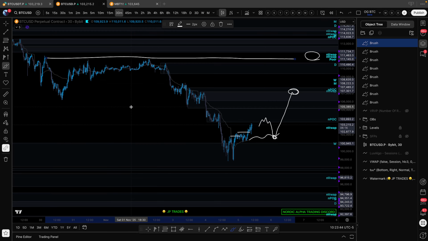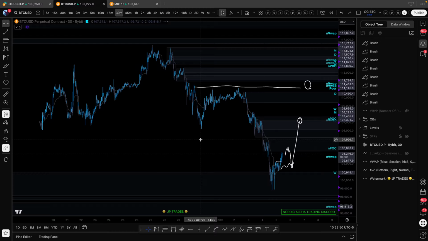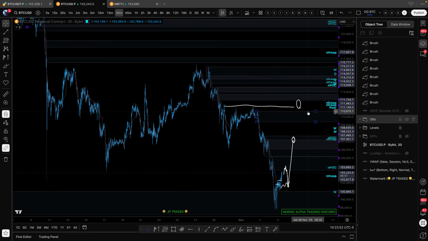And at that point, you'd be really battling to shift structure bullish on the higher time frames. And then that's when I would want this entire thing to be taken.